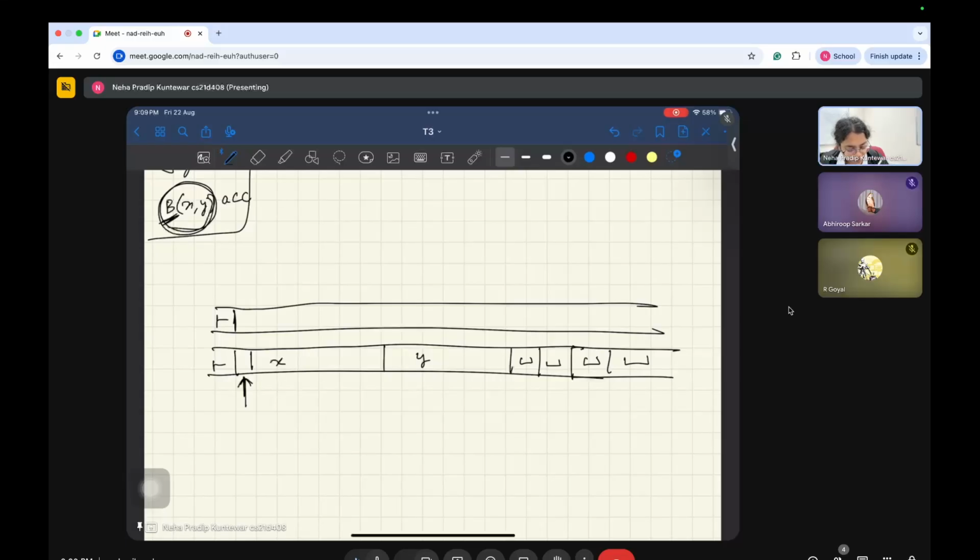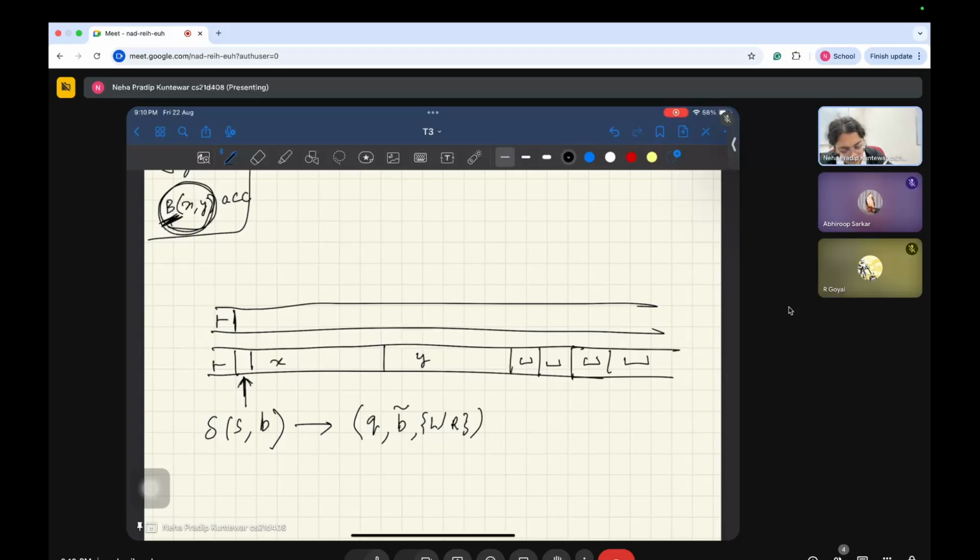If the transition function says that you are at the start state and this is the particular symbol B that we are reading, then it will tell me which state to go to, and what to write there. So I'll call it B tilde, and whether to go to the left or right. We are looking at the deterministic version because B is a deterministic machine, so I only have one choice.